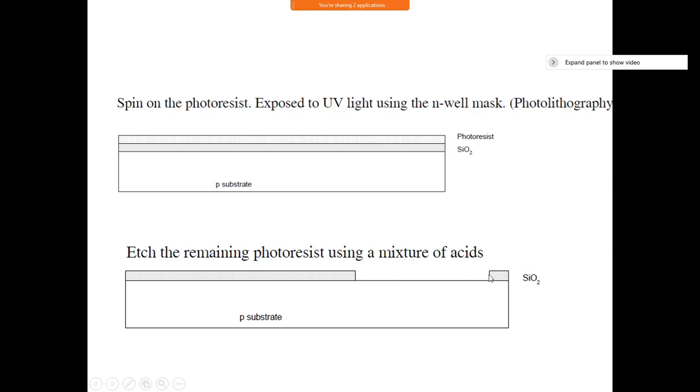But you'll still have this photoresist over here and here. Then you remove that remaining portion of photoresist, that's what is written, using a mixture of acids. Correct? So let me write on my sheet.